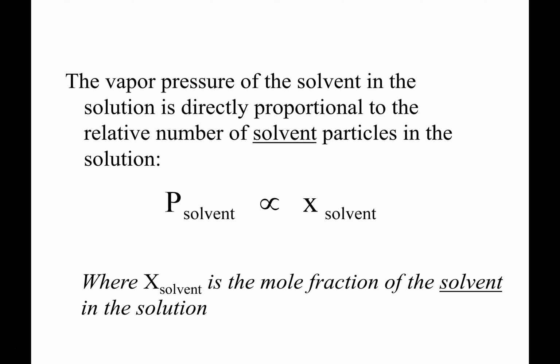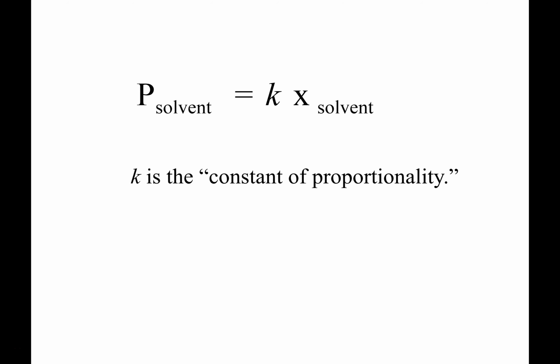That's what proportional means. So that is saying that the equilibrium vapor pressure of the solvent in a solution is proportional to the mole fraction of the solvent in solution, where X means mole fraction. Hold that thought. I'm going to take it through a proof to bring you up to another important relationship.